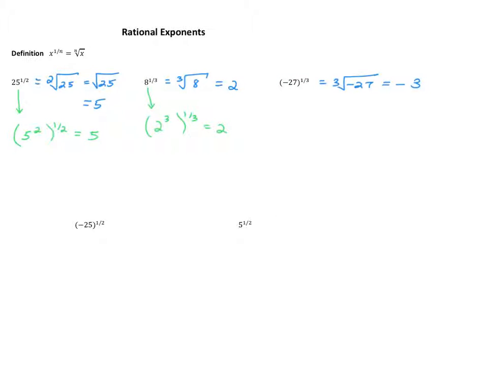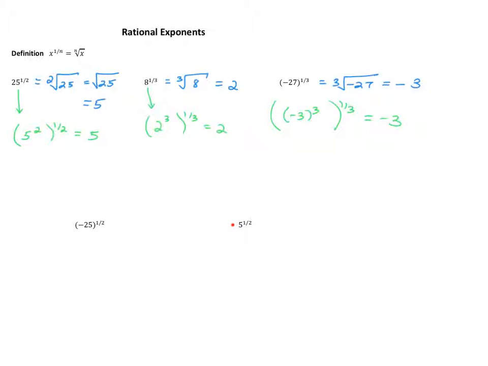I have to be careful with parentheses here, but I know that negative 27 is negative 3 cubed. And if I raise that whole thing to the 1/3 power, I'm again multiplying the 3 and the 1/3, and it gives me negative 3 left over as my answer. So this is the reason for our definition. It makes the rules of exponents work for fractions too, where you just multiply these two numbers together.